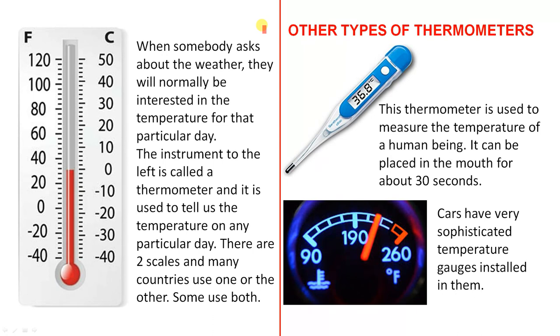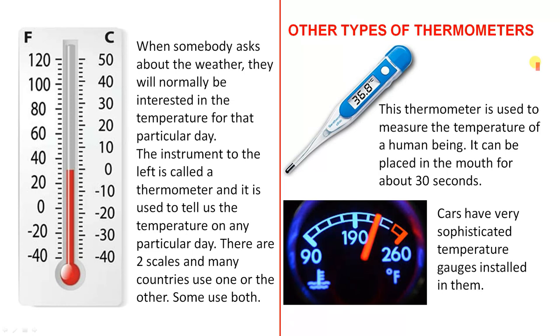The instrument to the left is called a thermometer, and it is used to tell us the temperature on any particular day. There are 2 scales, and many countries use one or the other. Some use both. So we have degrees Fahrenheit and degrees Celsius. And your teacher will be able to explain the difference between the 2.